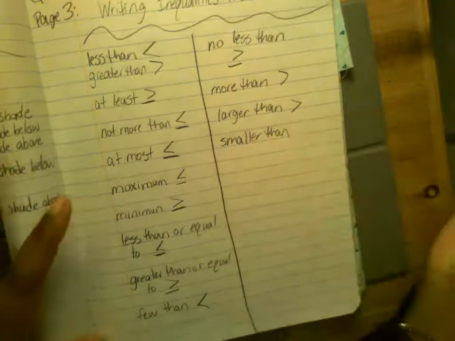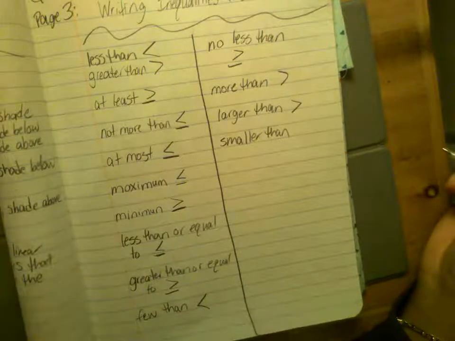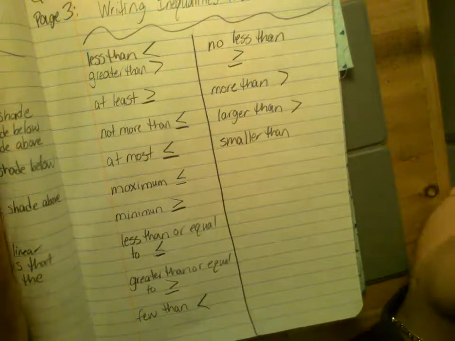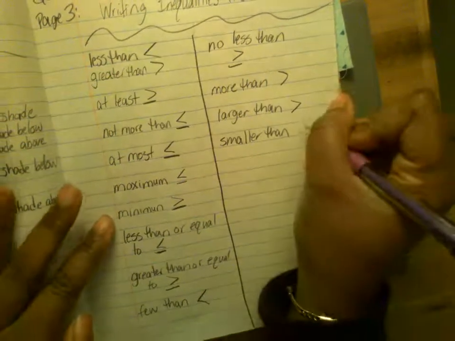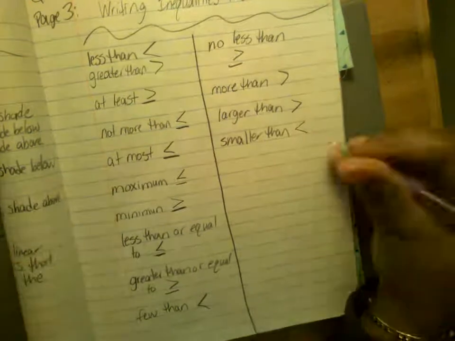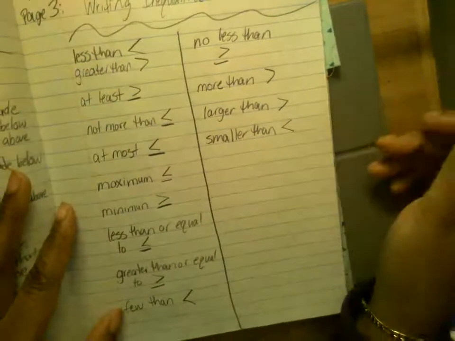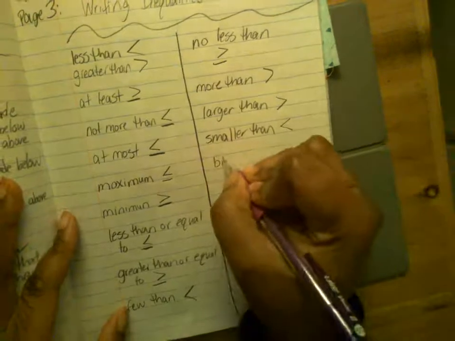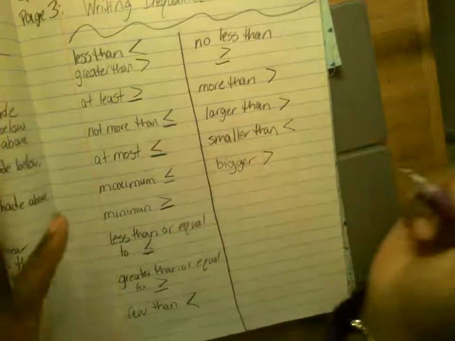Smaller than a certain amount. If it's smaller than 10, the number is smaller than 10. It can't be equal to 10. It has to be smaller than 10. So that's less than. It's not equal to, it's just less than 10. If it's bigger than 10, it can't be equal to 10. It's just greater than 10.